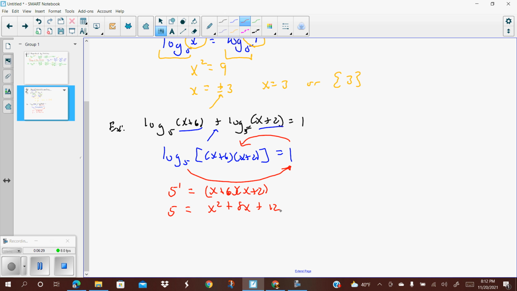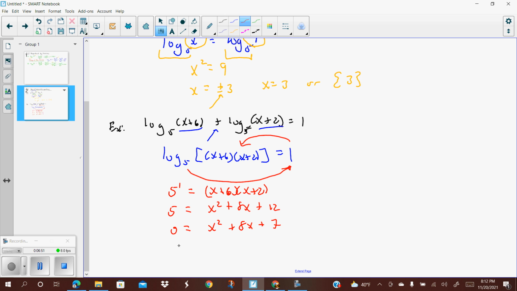It's a quadratic. We're going to go ahead and get one side set equal to 0. Since pretty much everything's on the right side, I'm just going to subtract the 5 on both sides, which will give us x squared plus 8x plus 7. And if this is factorable, then we'll factor it. If not, quadratic formula or some other method.